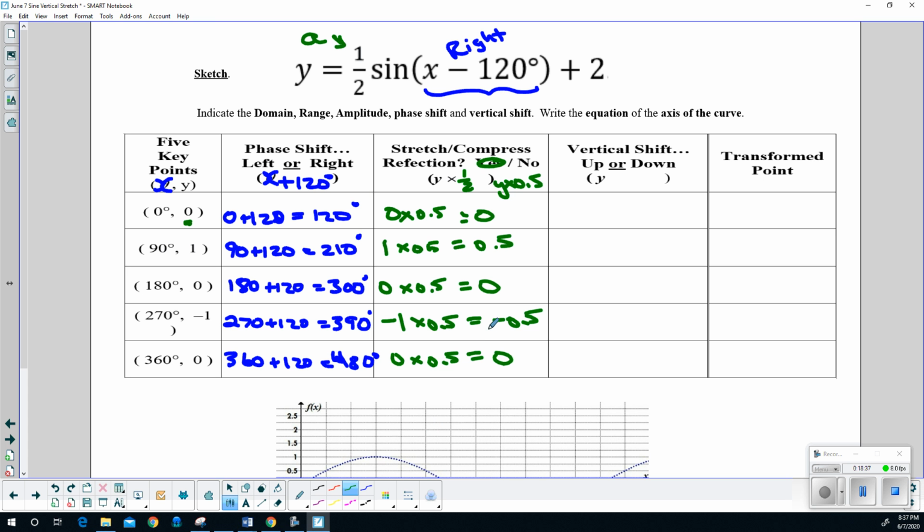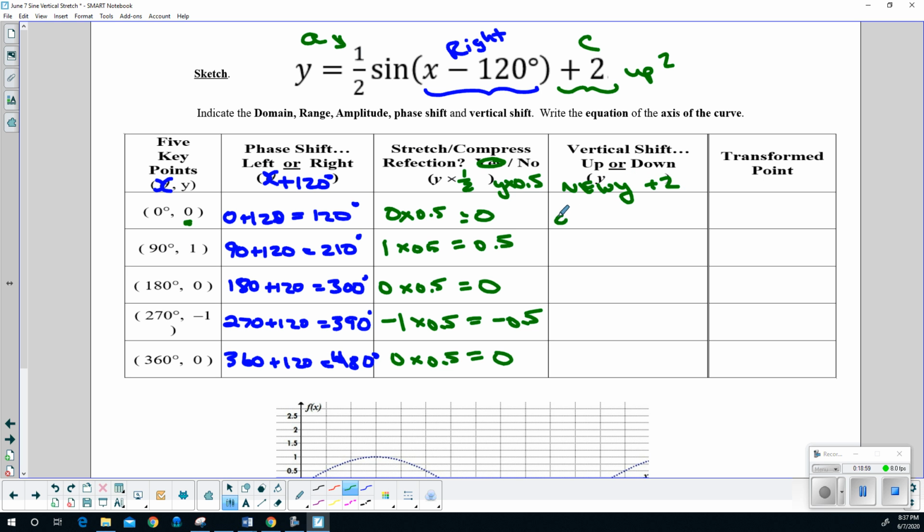Then we're still dealing with our y values here. We have this piece out here. So this is our C value, remember, right? So that means we're going up 2. So that means I have to take my new y values and add 2.